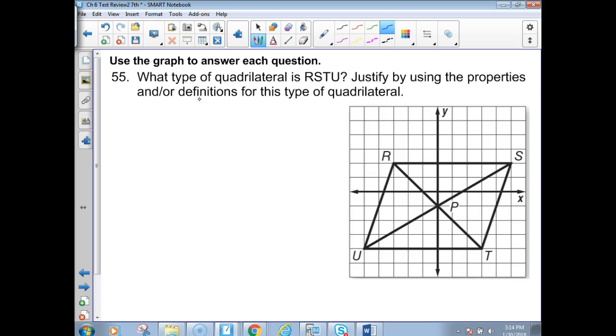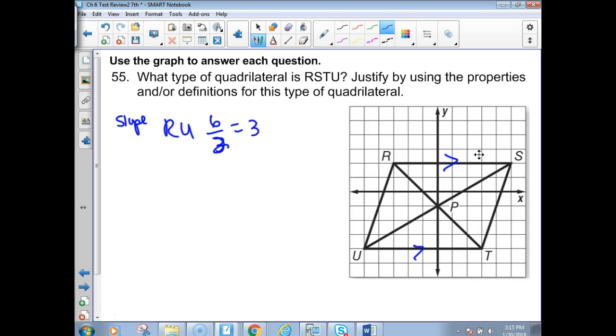So what type of quadrilateral is our STU? Justify by using properties and or definitions of this type of quadrilateral. These sides are parallel clearly, right? Because opposite sides are horizontal. These have the same RU. What was the slope of RU? Slope of RU is 6 over 2, which was 3.